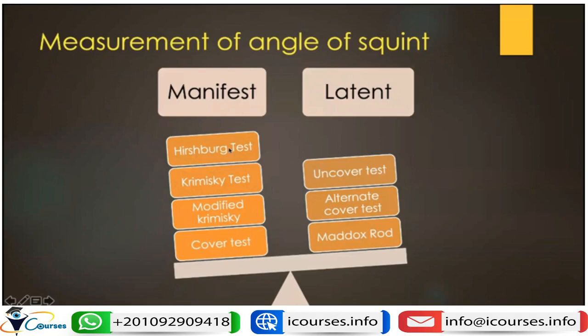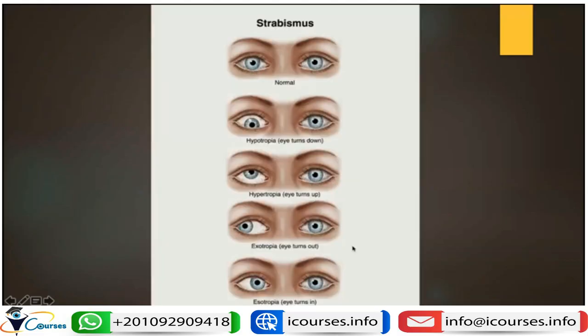The manifest squint can be detected by different tests like the Hirschberg test, Krimsky test, modified Krimsky test, and cover test, while the latent strabismus can be detected by the uncover test, the alternate cover test, and the Maddox rod.